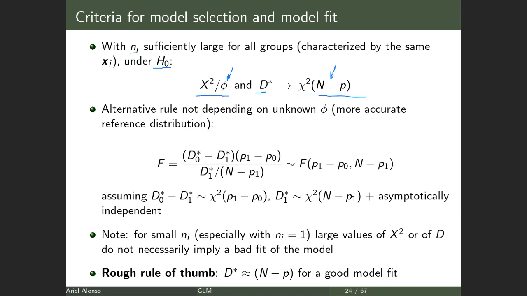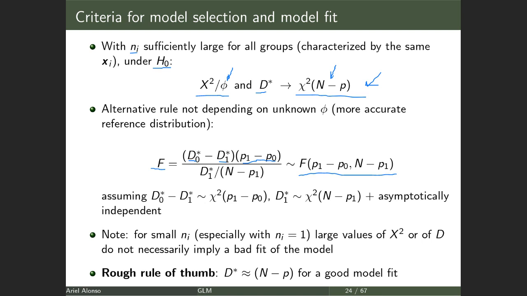An alternative to that is, instead of using just a chi-square distribution, you can construct an F statistic in this way, using the deviance under the null and the deviance under the alternative, divided by the difference in the number of parameters, and this follows an F distribution with these degrees of freedom. And this is another way to test for goodness of fit.